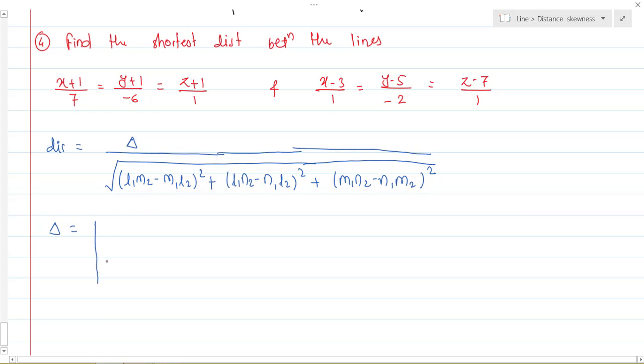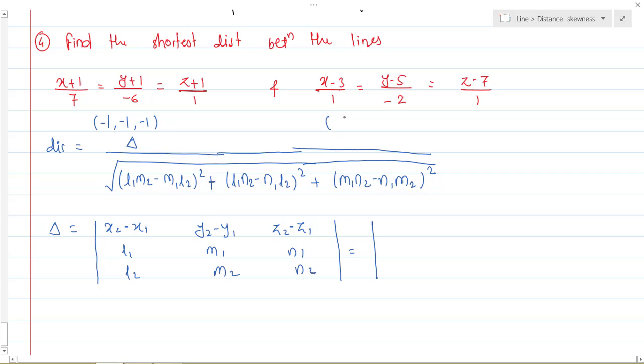Del is nothing but the determinant with rows x2 minus x1, y2 minus y1, z2 minus z1, then L1, M1, N1, and L2, M2, N2. Let me find x1, y1, z1 first. Here x1, y1, z1 are minus 1, minus 1, minus 1, and x2, y2, z2 are 3, 5 and 7.